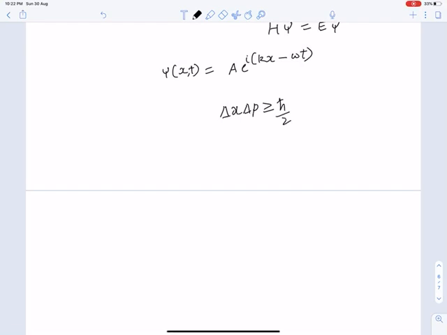So if I write momentum, it should be h cut by 2 delta x.